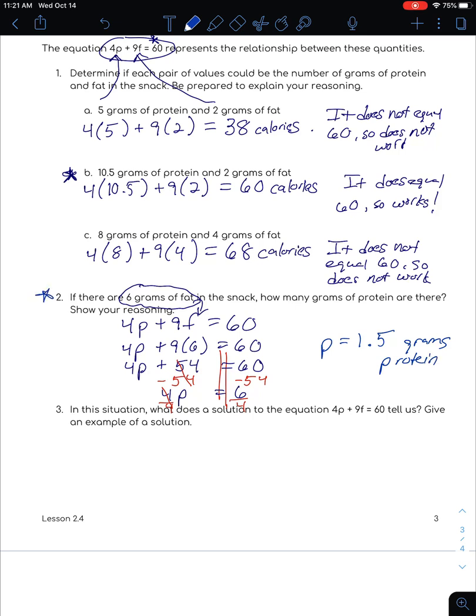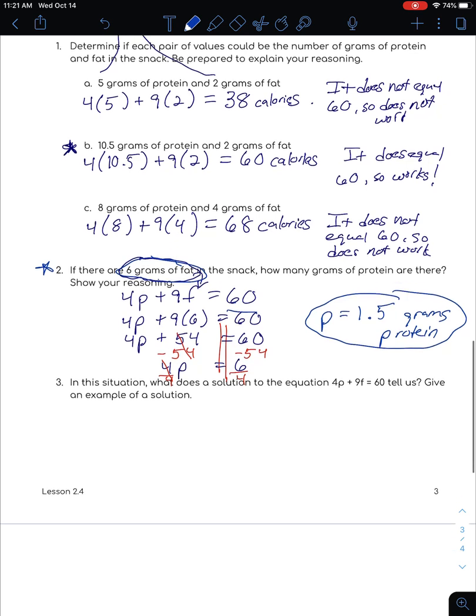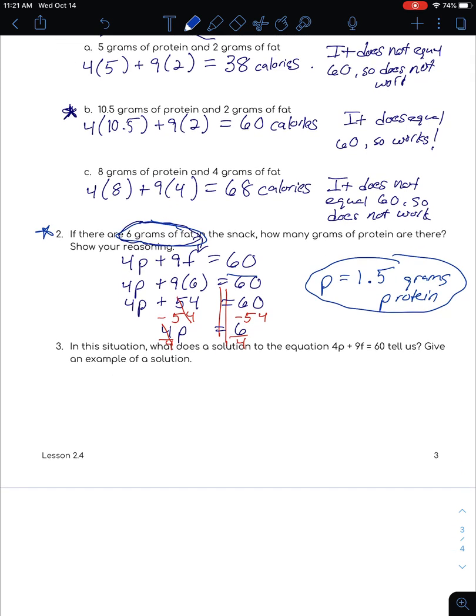So we just came up with another solution here. 6 grams of fat and 1.5 grams of protein gives us 60, so that would be a combination that works, and therefore that would be a solution. So in this situation, what does the solution to the equation tell us? Give us an example. So we just talked about that a couple times. It's essentially the protein and the fat that works, that gives us a total of 60.